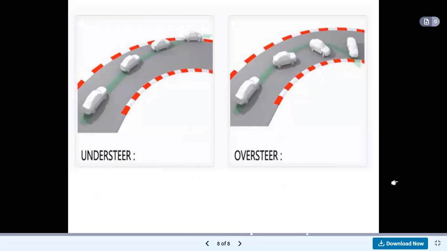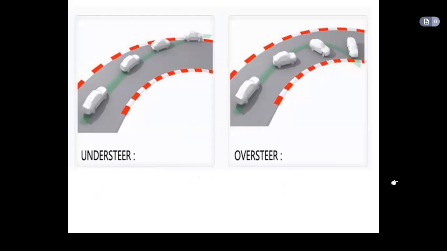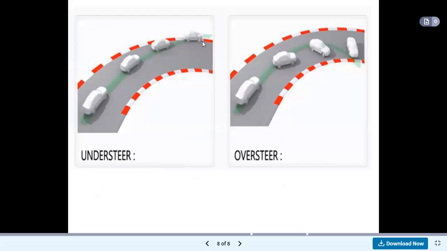This is the comparison of understeer and oversteer. See here, the vehicle turns in the left direction, and in this case, the vehicle turns in the right direction. So in this way, we have seen what is meant by understeer and oversteer.